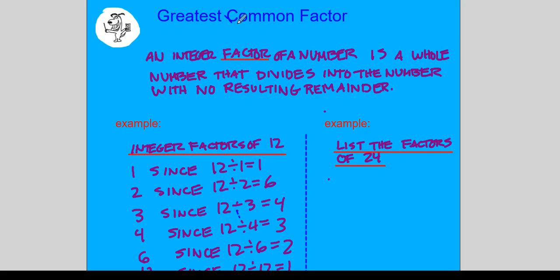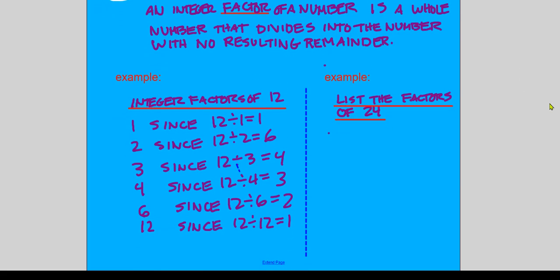Alright, so let's start with the greatest common factor. An integer factor of a number is a whole number that divides into the number with no resulting remainder. So the integer factors of 12 are: since 12 divided by 1 is 12, that is an integer factor. Since 12 divided by 2 is 6, that's an integer factor. Since 12 divided by 3 is 4, that's an integer factor. Since 12 divided by 4 is 3, that's an integer factor.